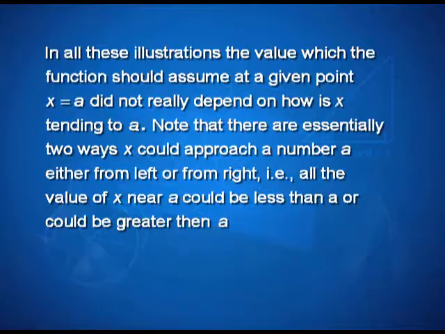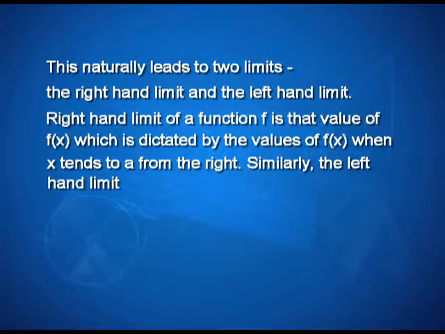Note that there are essentially two ways x can approach a number a, either from left or from right. That is, all the values of x near a could be less than a or could be greater than a. This naturally leads to two limits, the right hand limit and the left hand limit.